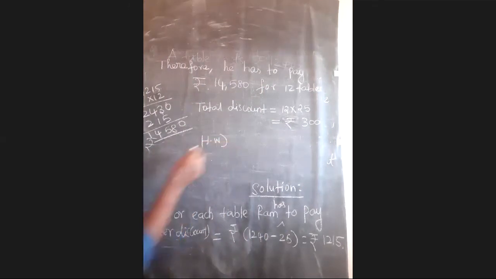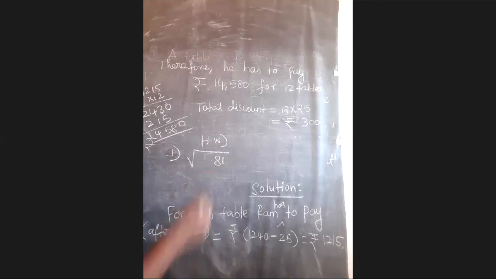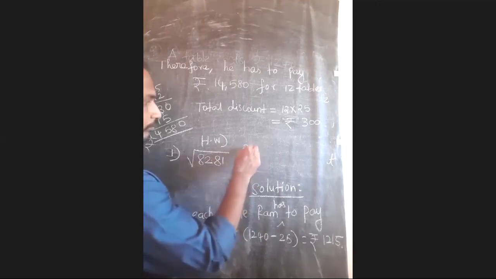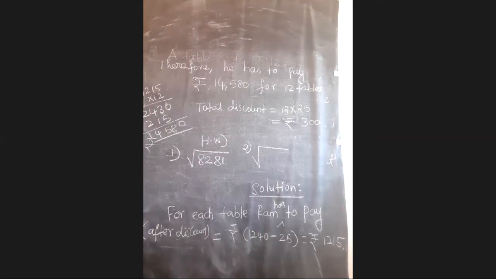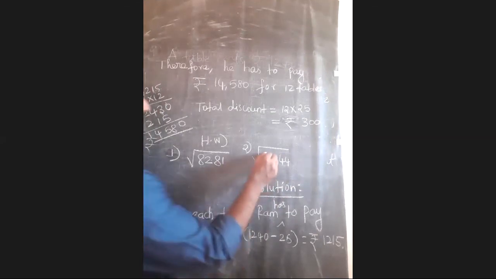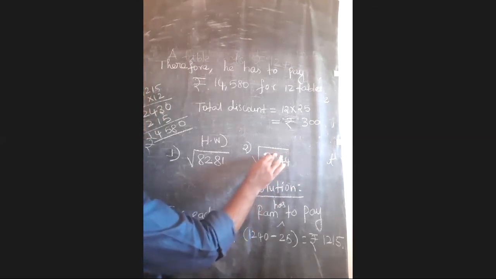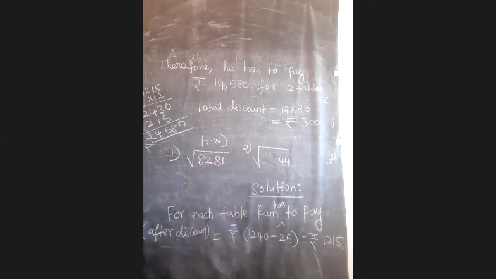Homework. Question number 1: square root of 8281. Second question: square root of 3844.